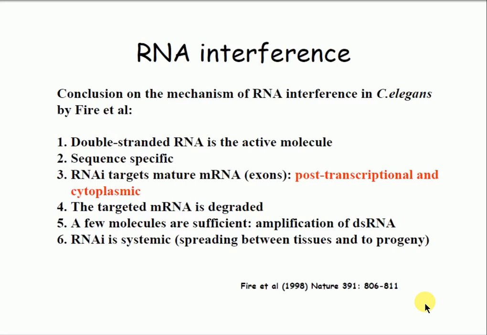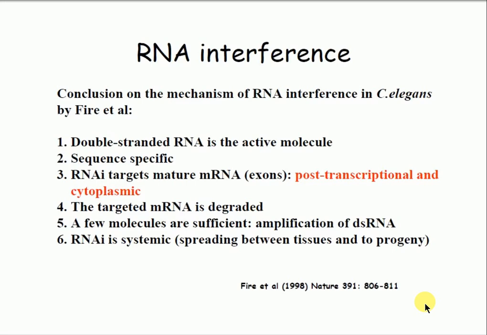So this is about RNA interference. Andrew Fire described that the reactive agent is double-stranded RNA. It's sequence-specific, and RNAi targets mature mRNA, so it needs to be in exons. So if you make an siRNA against an intron, it will not work, because that's in the nucleus, and RNAi is in the cytoplasm, so it's post-transcriptional.